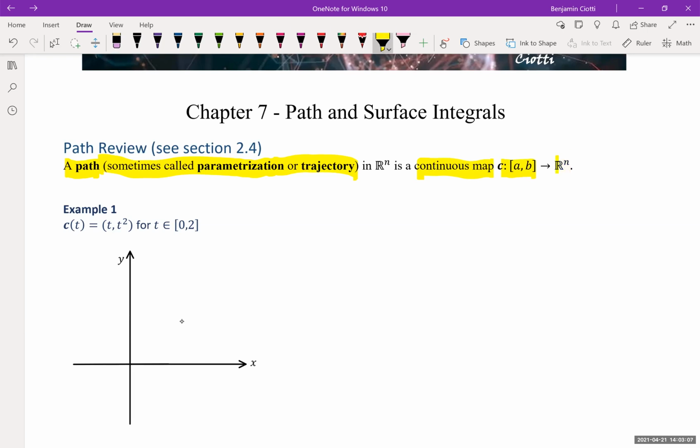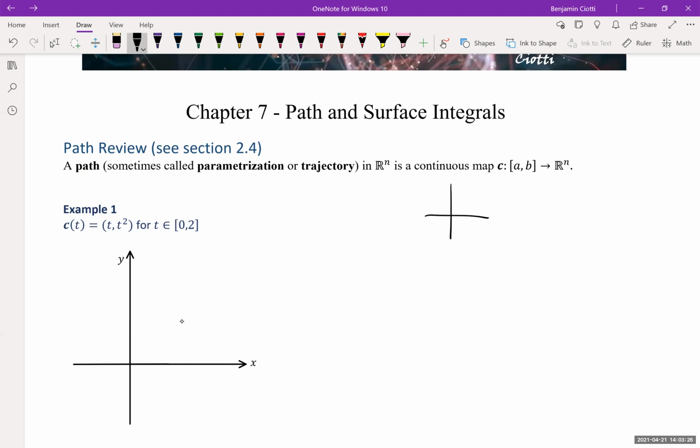Typically Rn will be R2 or R3. We're looking at curves that are either in space or in the plane in this class. So a path is just a continuous map of the interval into space.